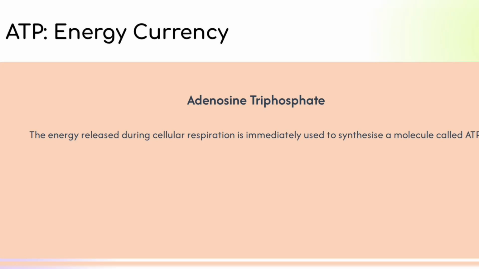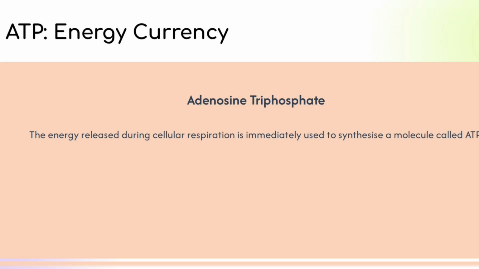Whenever a cell needs energy for any process like muscle contraction, sending nerve signals or building new molecules, ATP breaks down and releases a fixed amount of energy. After giving energy, ATP becomes ADP, and then it is recharged using energy from respiration.